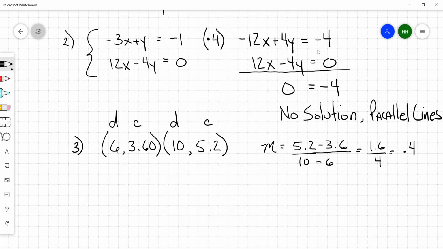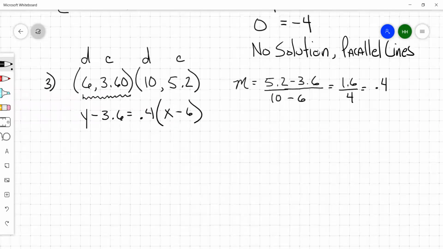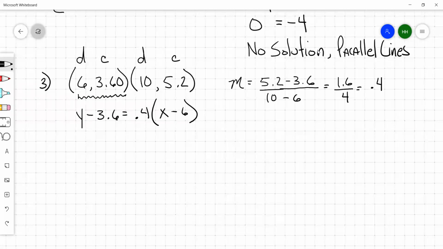So now we're going to take that slope, and I'm going to use this first point, and we're going to write an equation in point slope form. So y minus 3.6 equals the slope, which is 0.4, times x minus 6. Now, if that's an answer choice, you're done, because that is a linear equation. If all your options, though, are in multiple choice, you have to distribute the slope.